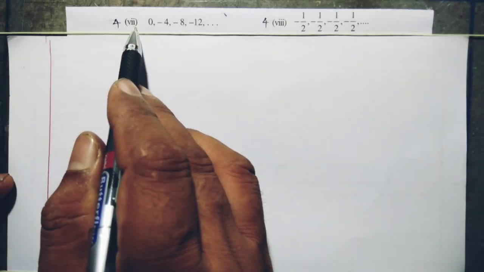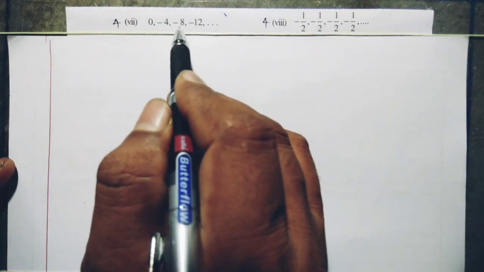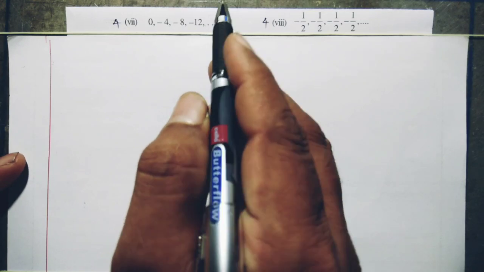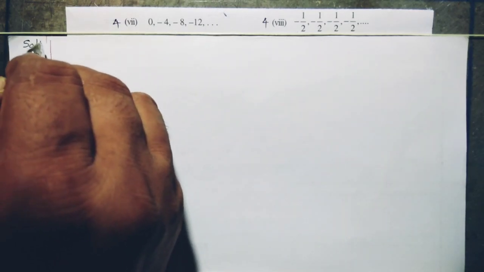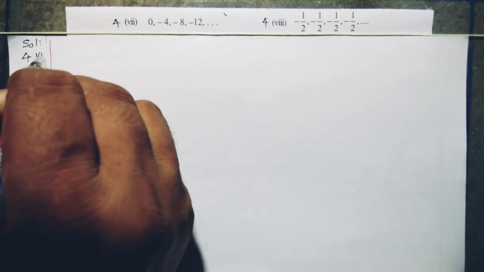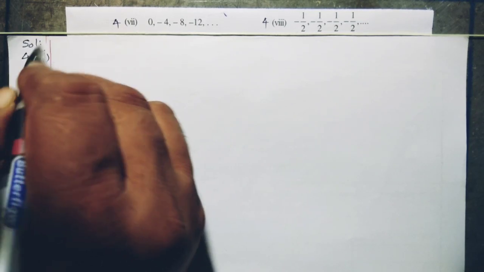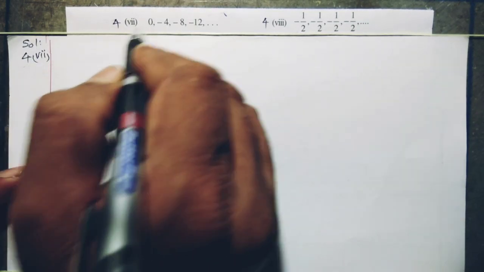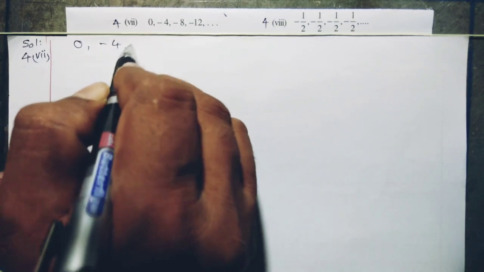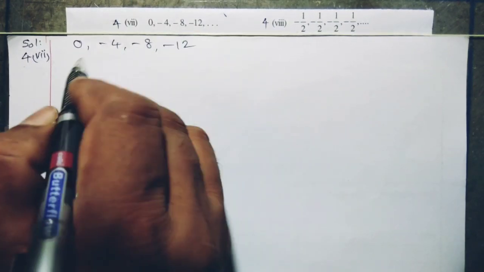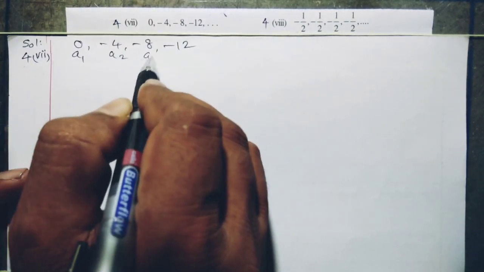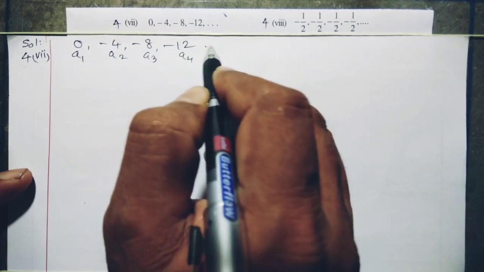Fourth bit, seventh problem: 0, minus 4, minus 8, minus 12, and so on. Solution for fourth bit, seventh problem: given 0, minus 4, minus 8, minus 12, A1, A2, A3, A4, and so on.